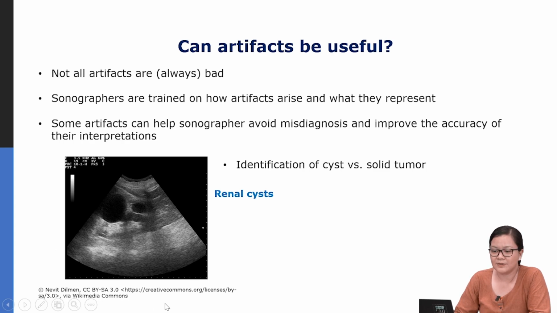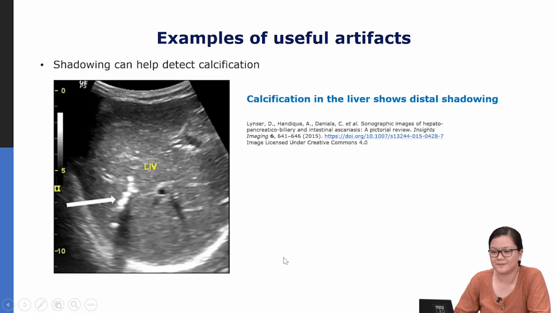We have shown previously an example of a cyst, and here I show an example of a renal cyst. The acoustic enhancement artifact that you see here, distal to the transducer beyond this cyst, helps these sonographers identify that, yes, this is a cyst.